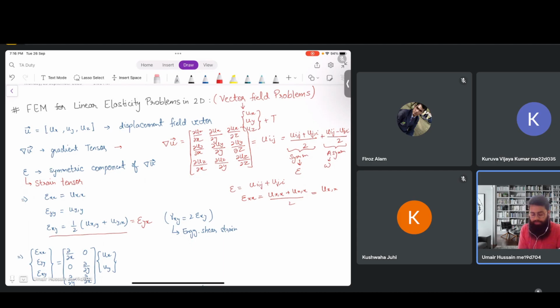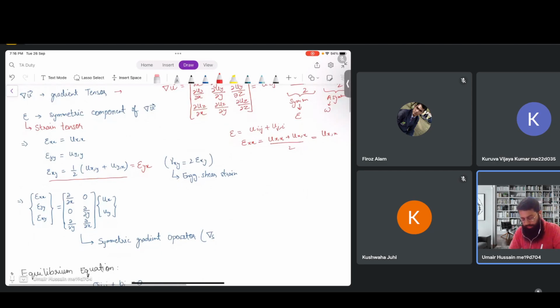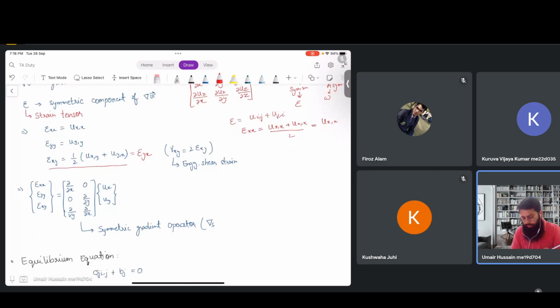So we define the engineering shear strain as gamma_xy, which is twice of this value. So anyway, breaking this down, right now our strain tensor for 2D is basically this, right?